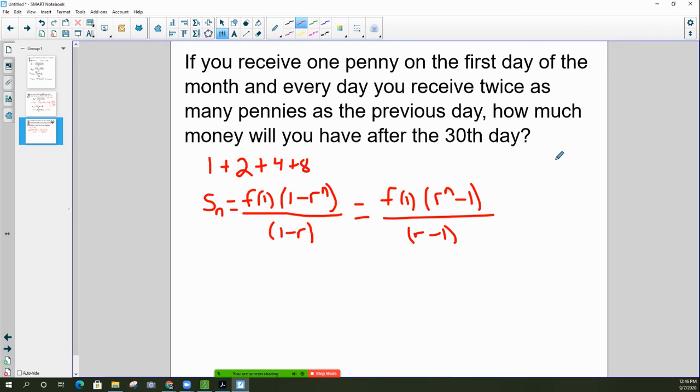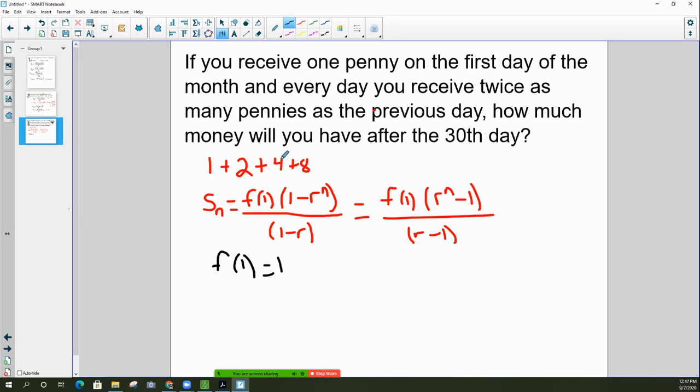So we need to identify 3 things. What is f of 1? How many pennies are you receiving on day 1? That is 1 penny. And then we need to identify r. What is my common ratio?